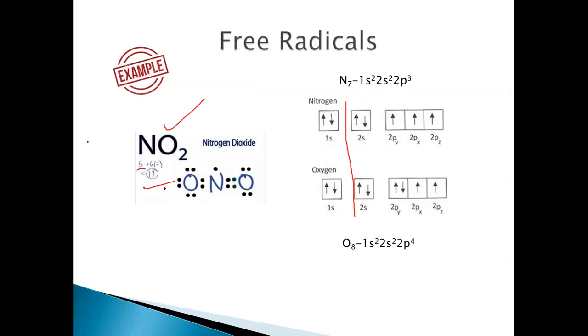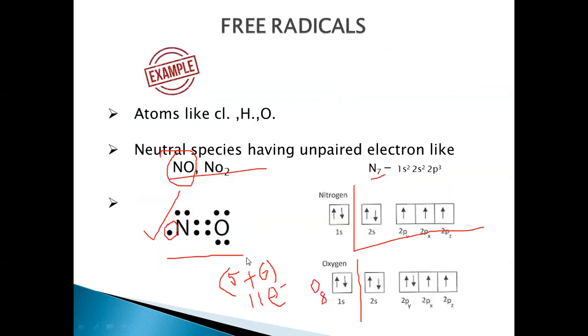When you count the electrons in the Lewis dot structure, 1, 2, 3, up to 17, there is an unpaired electron, which makes it a free radical again. So the examples of free radicals are Cl free radical, H free radical, O free radical, or neutral species like NO and NO2.